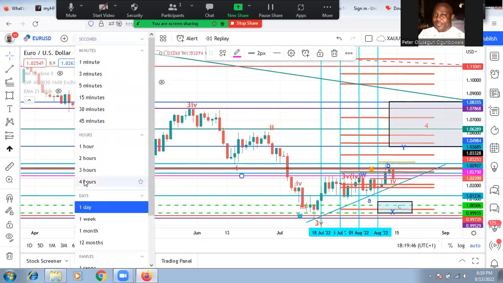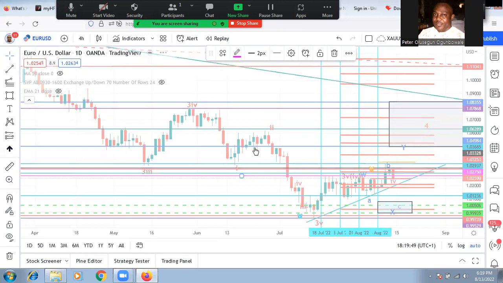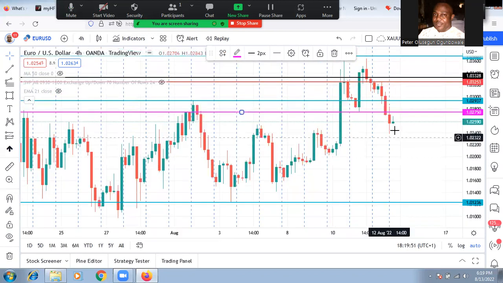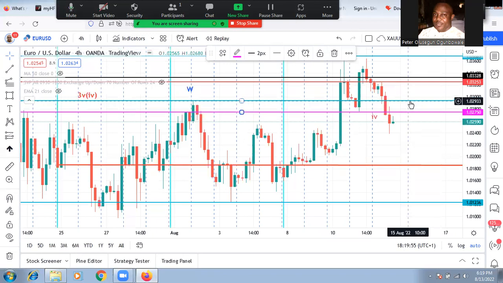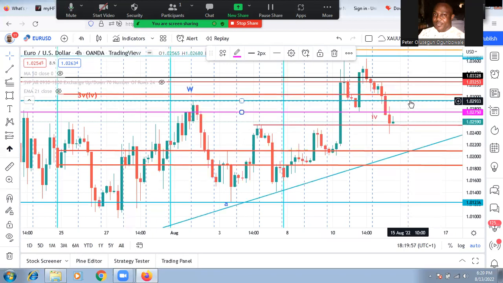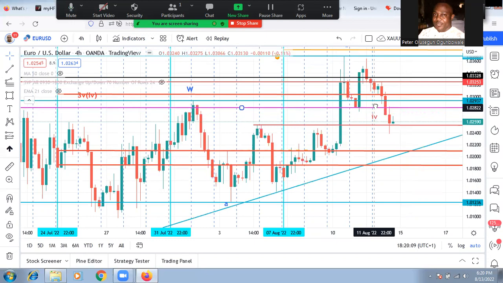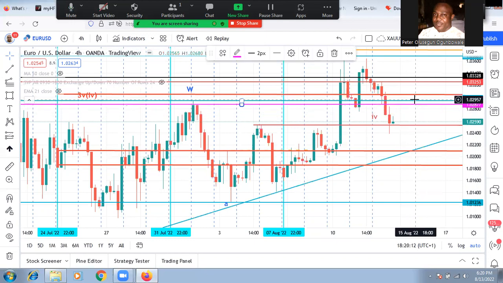If price corrects to the upside, this is the level I want to look at personally, the level where we have the blue, between here and here. Let me do that again. So yeah, this is the level I want to look for.